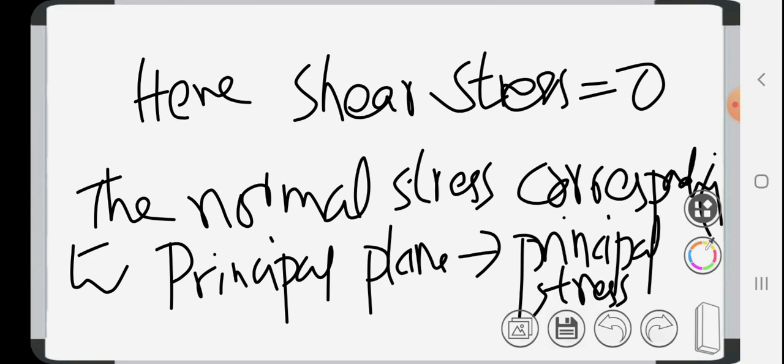So what is a principal plane? A principal plane is that plane in which the stress vector is completely normal, so there is no shear component. Those planes in which there is no shear stress or shear component are called principal planes. There the value of sigma, or normal stress, will be maximum. That particular sigma is called the principal stress. So that is the idea of principal plane and principal stress. Have you understood?